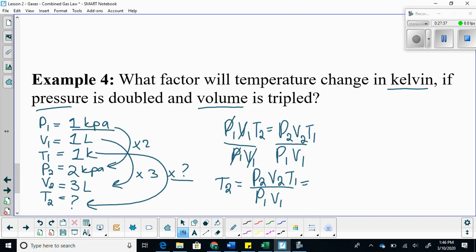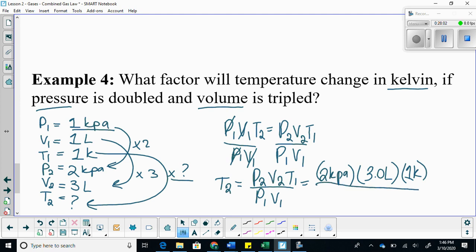Let's plug in some numbers. Notice how P2 is on top. Please, please, please make sure that you are matching your variables to the actual numbers. So my P2 is 2 kilopascals. My V2 is 3 liters. Multiplied by T1, which is 1 Kelvin.